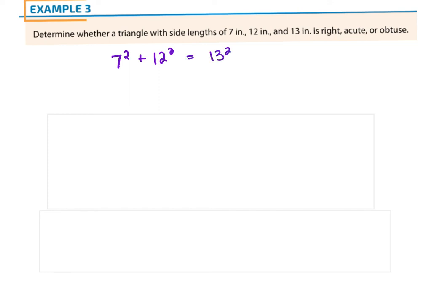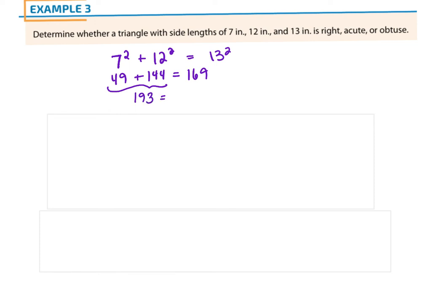Okay, so when we do this, we get 49, we get 144, we get 169. There we go. All right. When we get those, we have a problem, right? Because these add up to what? 193, right?